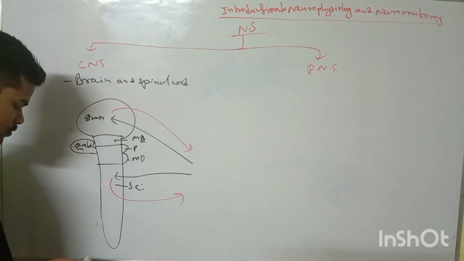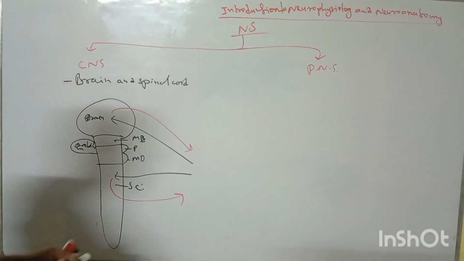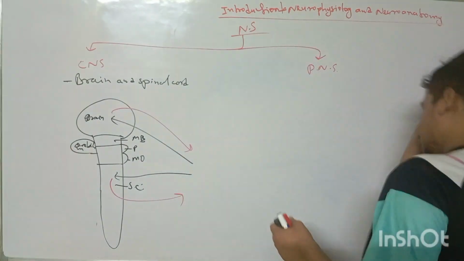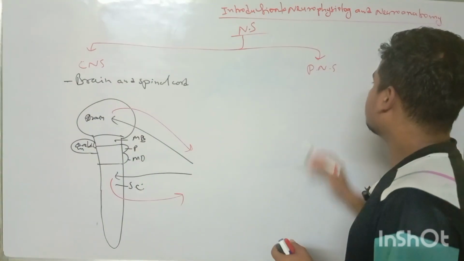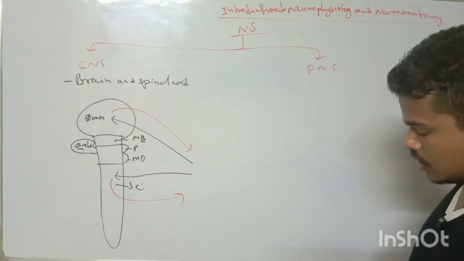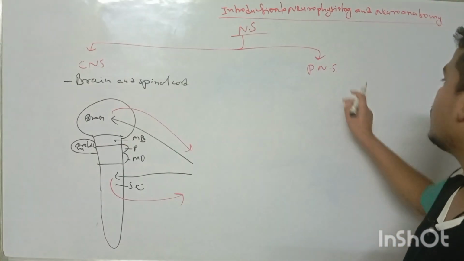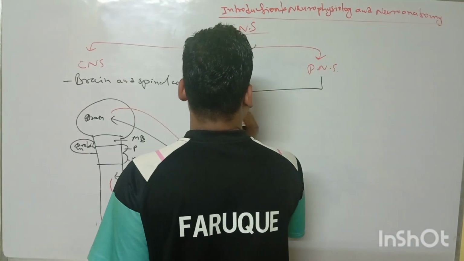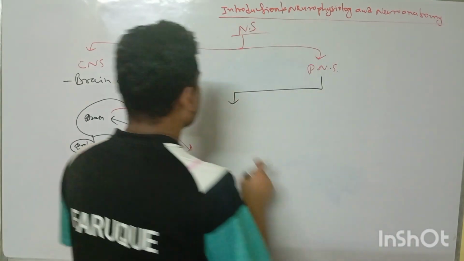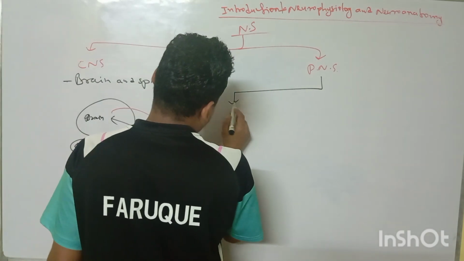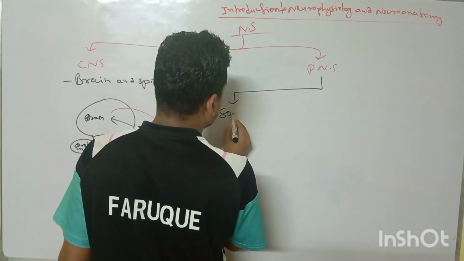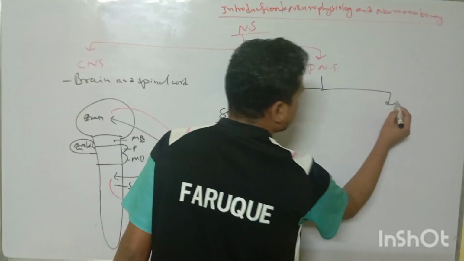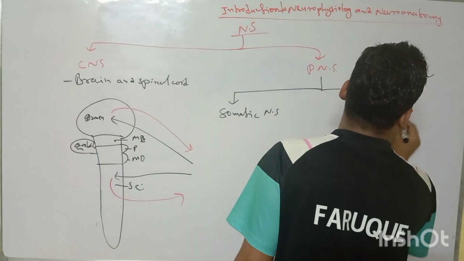Now let's talk about the peripheral nervous system. This peripheral nervous system can be further classified, and I am doing the anatomical classification here, into the somatic nervous system and the autonomic nervous system.